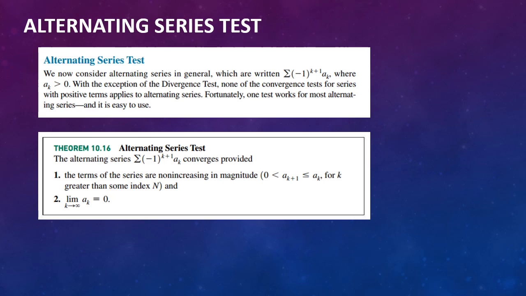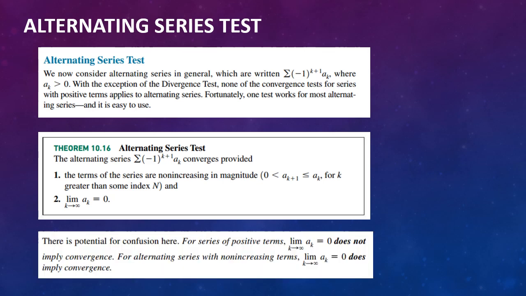The alternating series test: the summation of negative 1 to the k plus 1 power, a sub k, converges provided the terms of the series are non-increasing in magnitude. That is, 0 is less than a sub k plus 1, which is less than or equal to a sub k, for k greater than some index n, and the limit as k goes to infinity of a sub k equals 0.